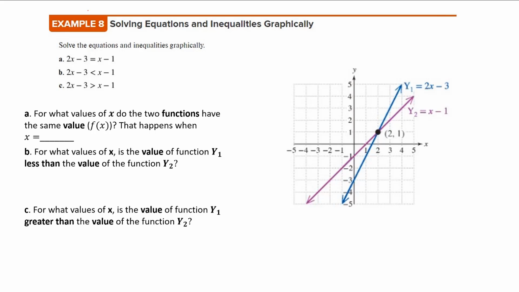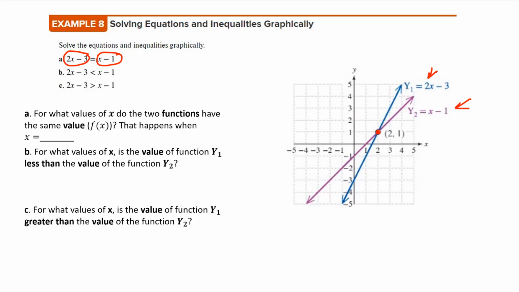When it says graphically, it means show me where this line, y equals 2x minus 3, has the same value as the line x minus 1. So you've got a picture here of the 2 lines. This is y equals 2x minus 3, the blue line, and this is y equals x minus 1, the purple line.